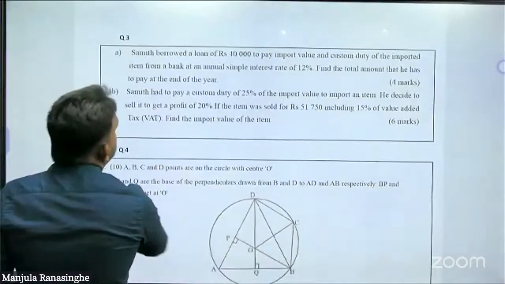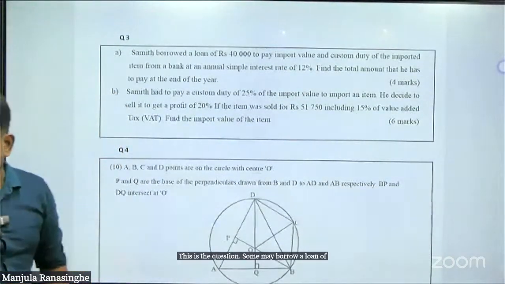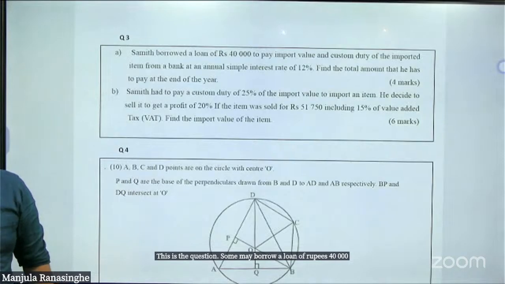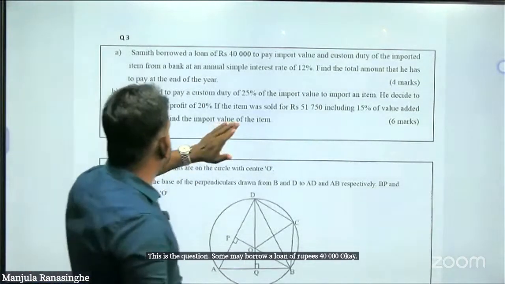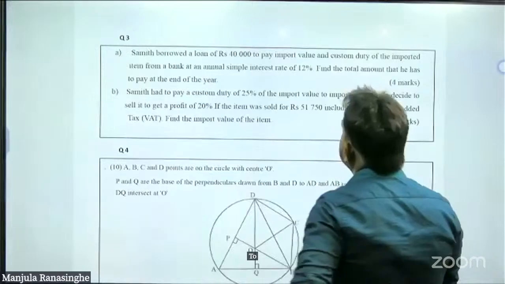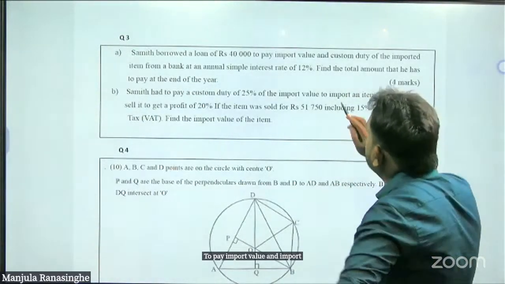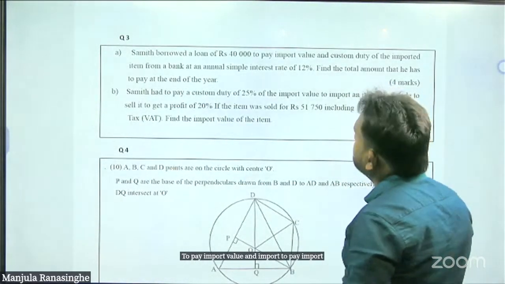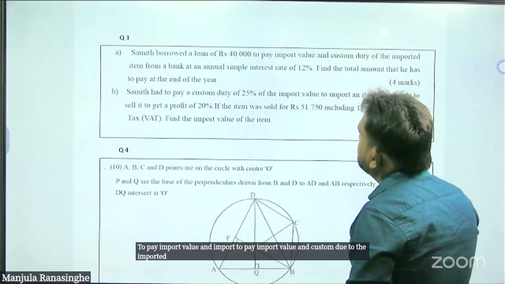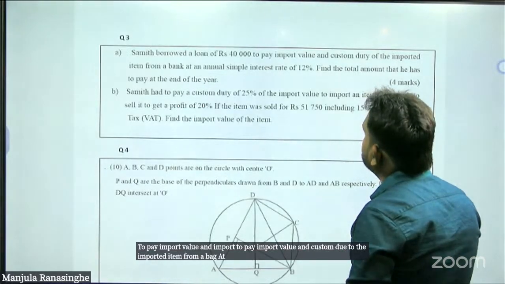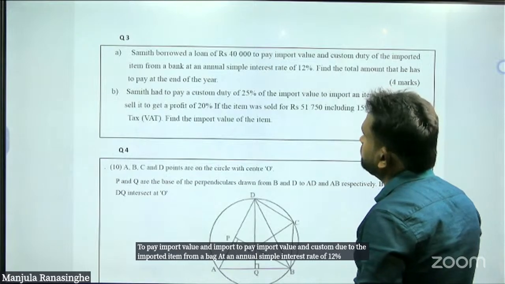Samit borrowed a loan of rupees 40,000 to pay import value and custom duty of the imported item from a bank at an annual simple interest rate of 12%. Find the total amount that he has to pay at the end of the year.